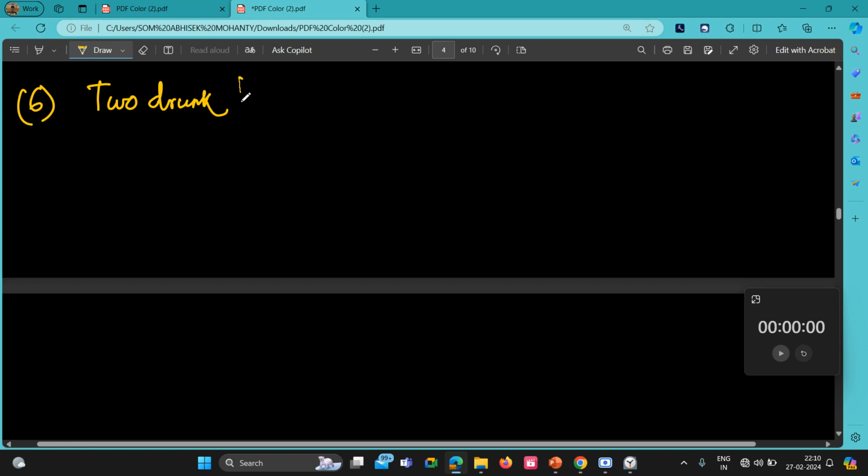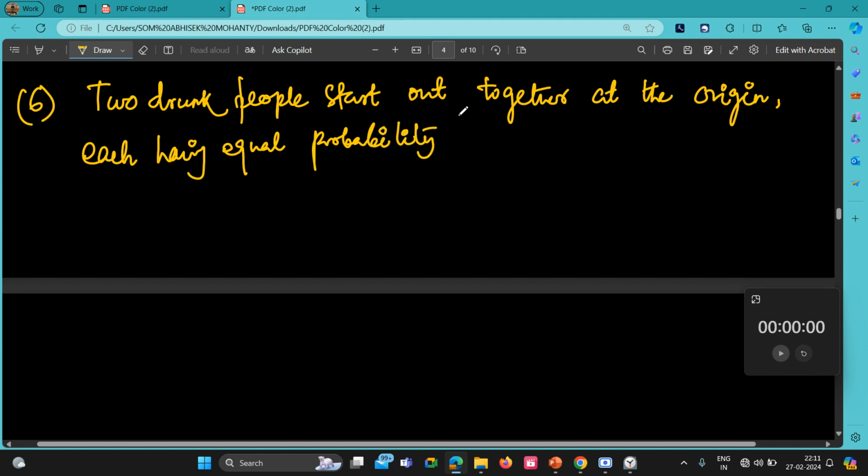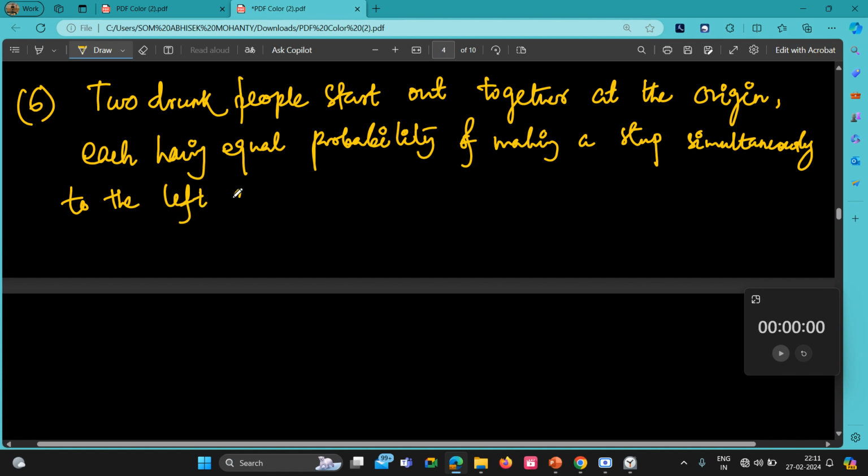Two drunk people start out together at the origin, each having equal probability of making a step simultaneously to the left or right along the x-axis.